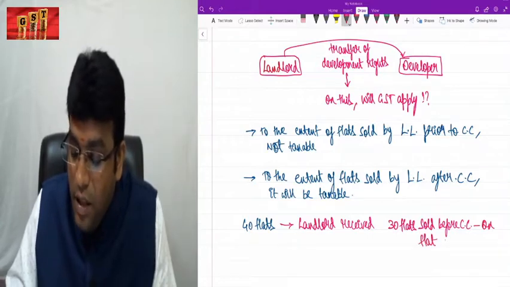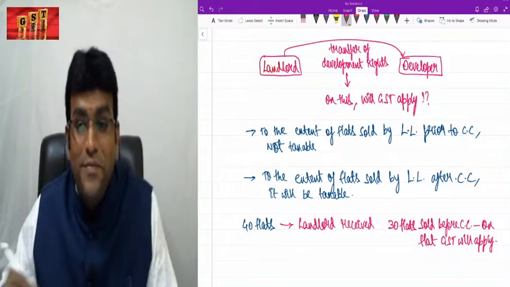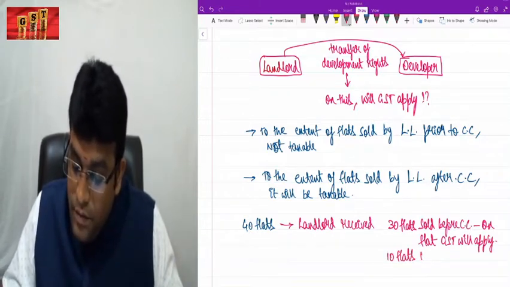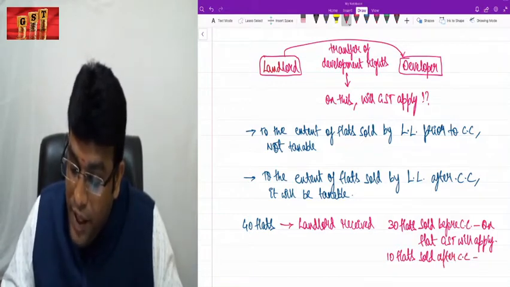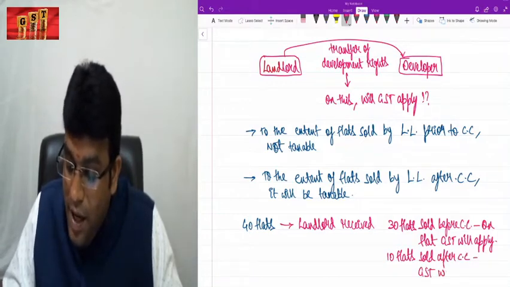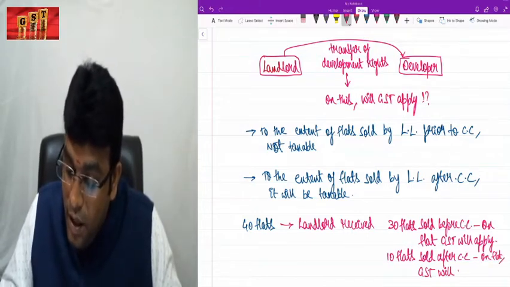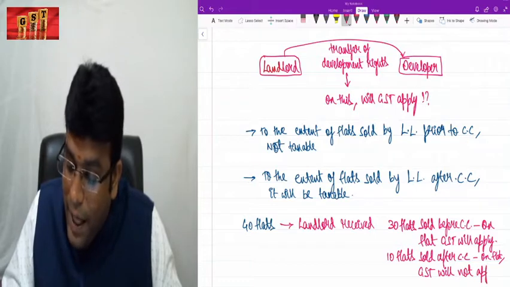On the flats GST will apply. Correct or not? And on the 10 flats sold after completion certificate, what will happen? GST will not apply. That means on the flats GST will not apply.